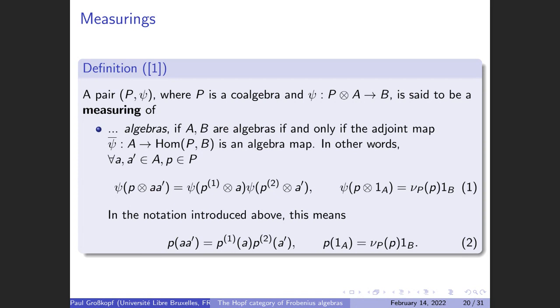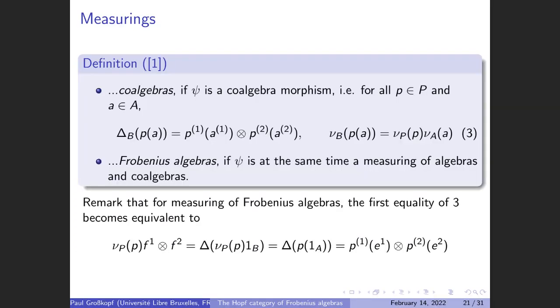I also need to consider the coalgebra structure. It turns out that if I use the proper way of defining this, it's just a coalgebra morphism. So I only need to loosen the algebra condition a bit and put these two conditions together: a measuring of Frobenius algebras is a measuring of an algebra and a coalgebra morphism at the same time.